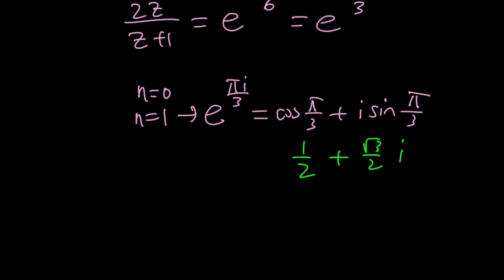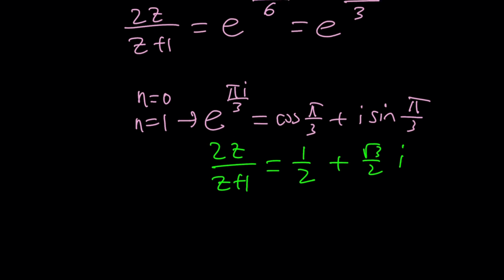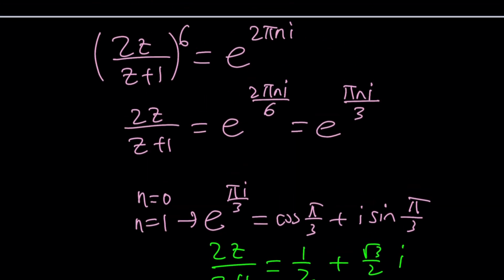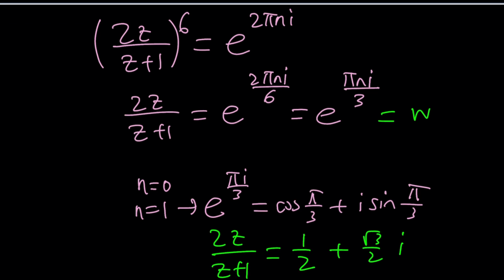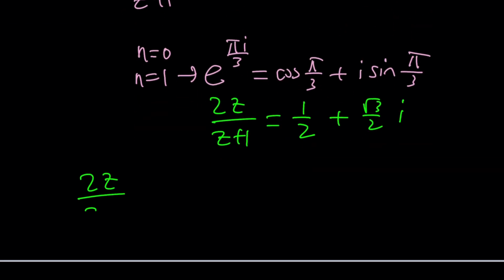But notice that this is not the value of z. This is 2z over z plus 1. So how do you find z from here? Good question. If you call this w, then you can actually find z in terms of w. How? Well, 2z over z plus 1 is w. It's going to give you an equation. You can go ahead and try to solve for z.